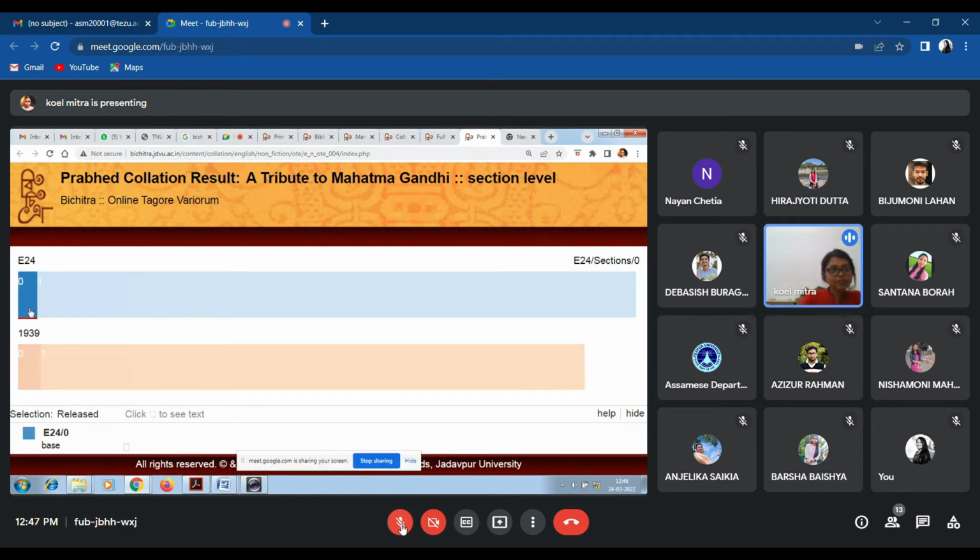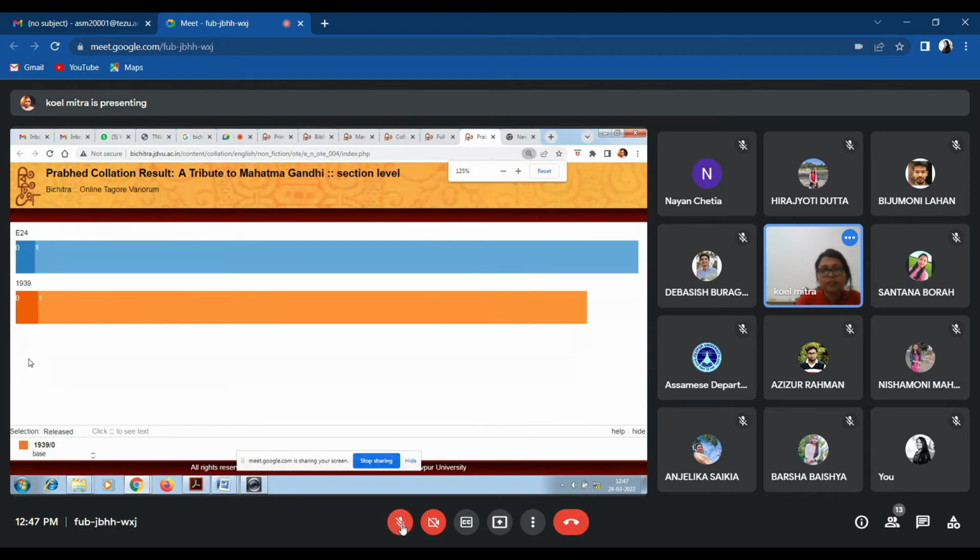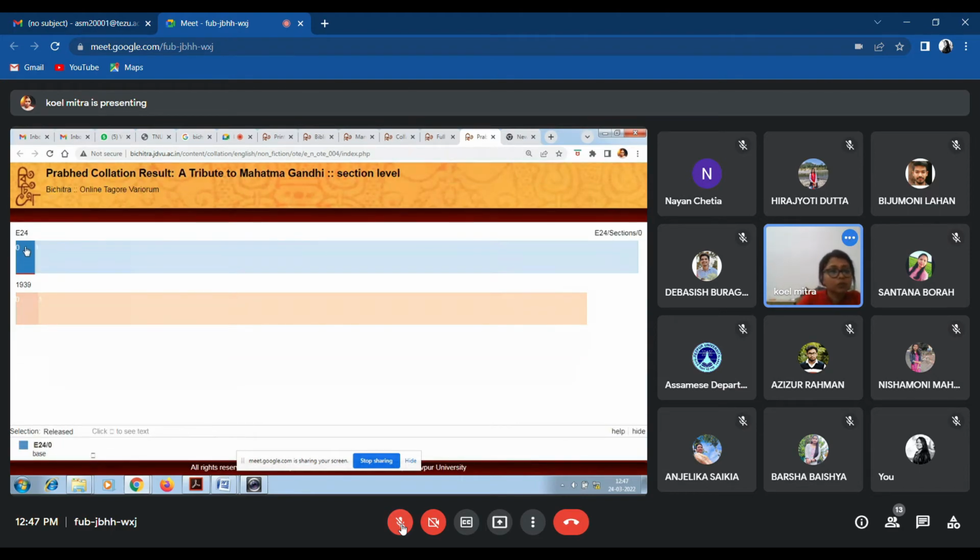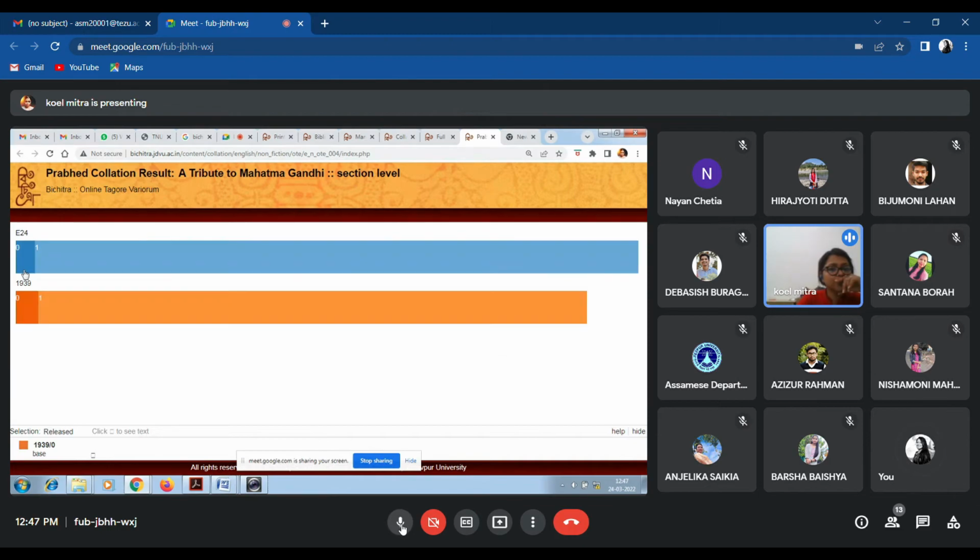If the introduction of 0 in the first edition is smaller in size than the introduction in the later edition, what does that say of the introduction between two editions?